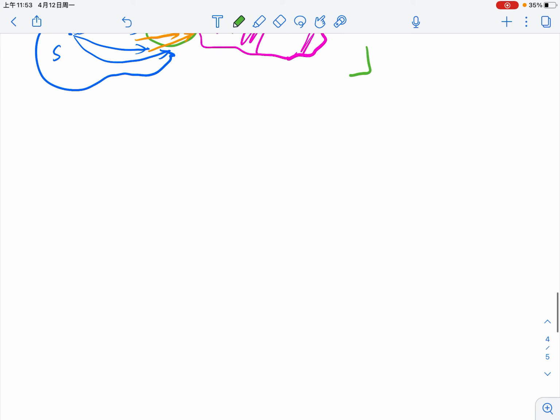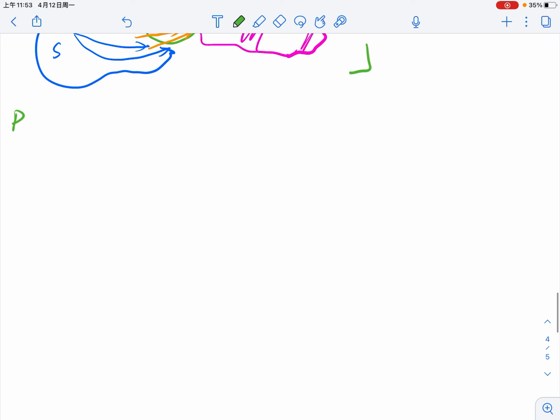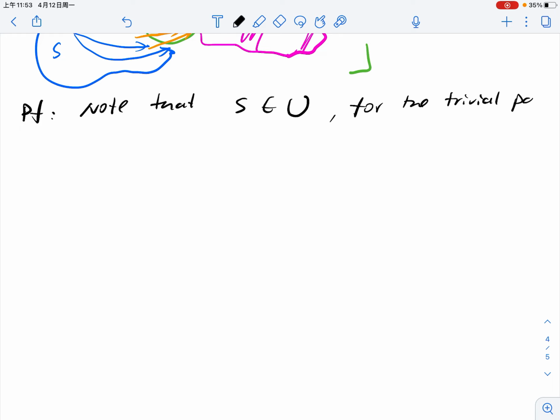Okay, now let's prove this. Note that S is in U for the trivial path gamma.